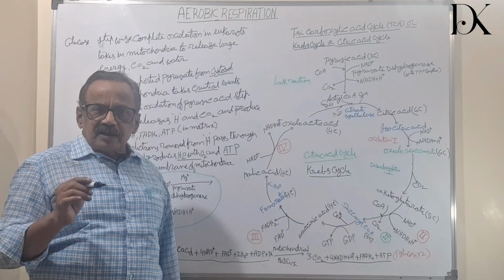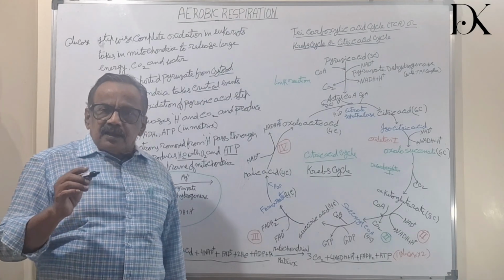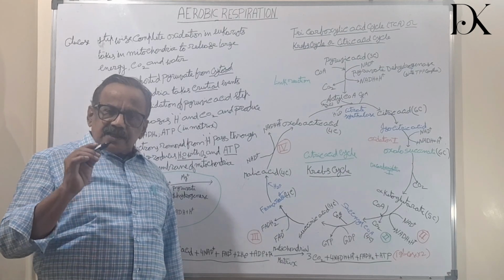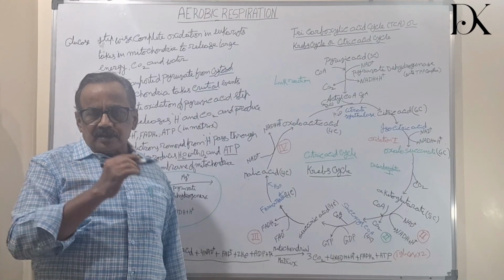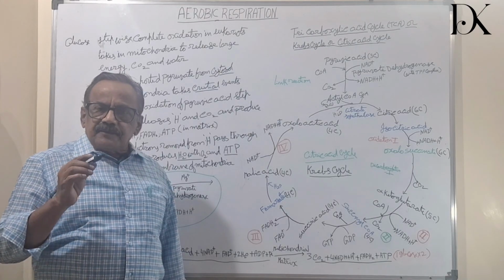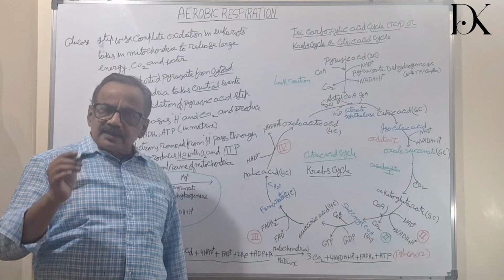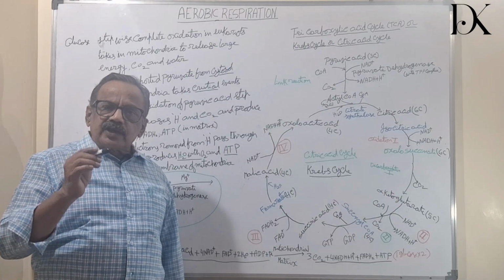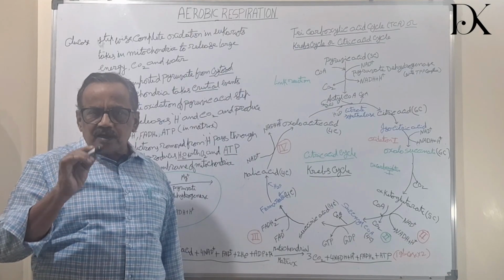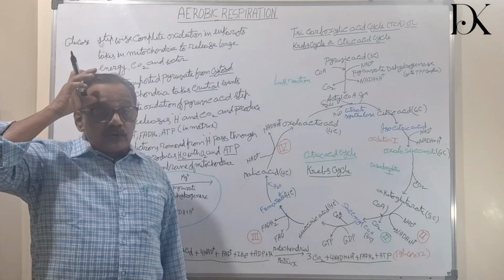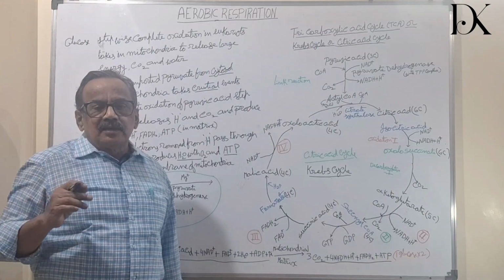So in the inner membrane of the mitochondria, whatever NADH plus or FADH2 are produced in the matrix will be oxidized and release the electrons, and those electrons will be transported in the particular way through the four complexes and produce ATP.